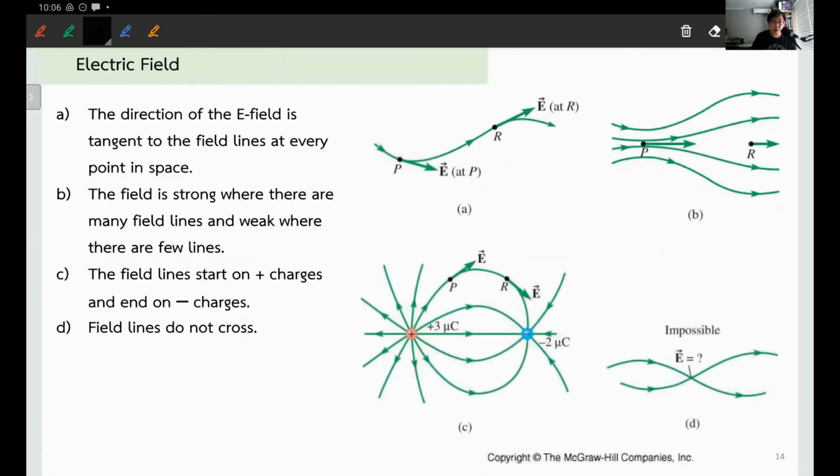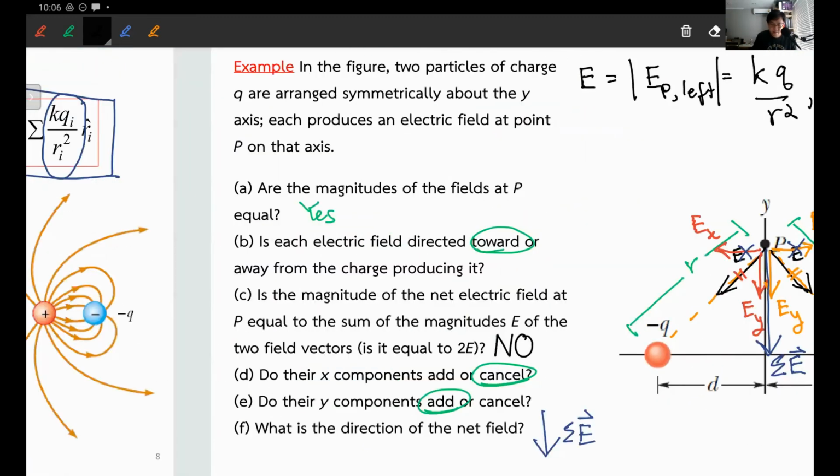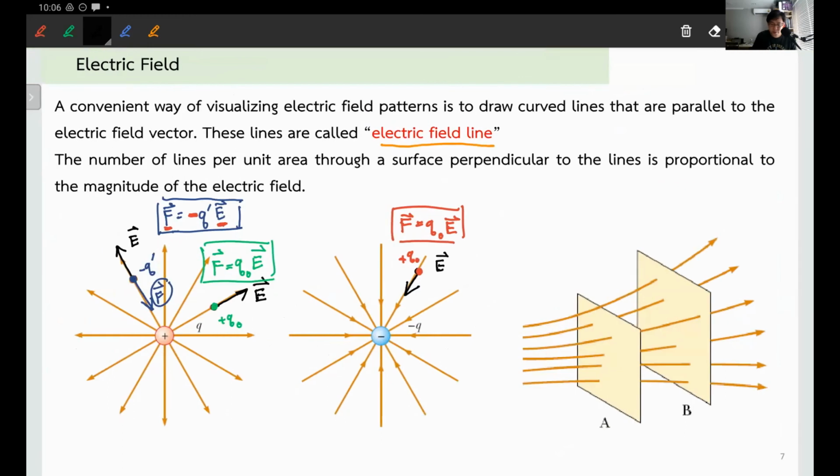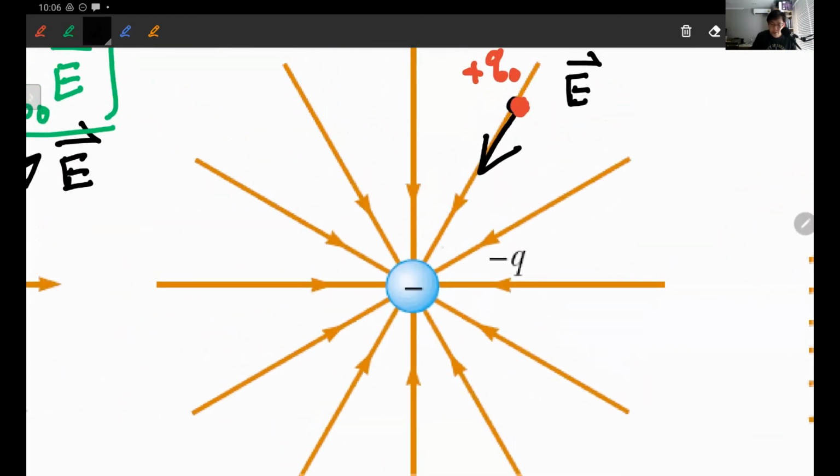This one may be a little bit confusing, but let me come back to just this starting point. You can see that when you are closer to the charge, the density of the lines is quite dense in comparison to when you are further away, where the lines are further apart.